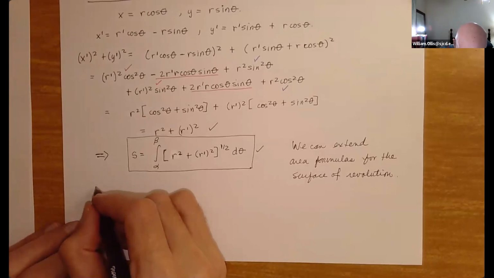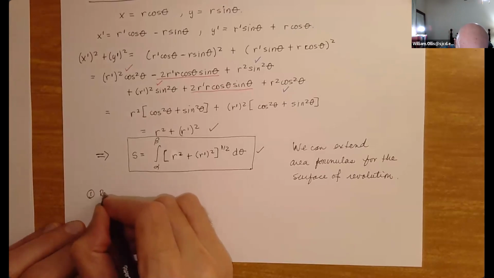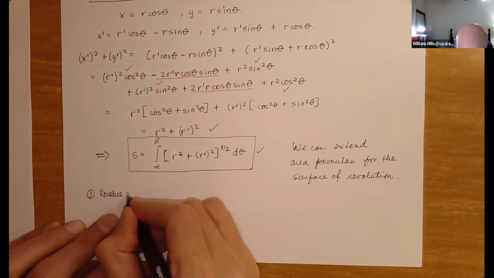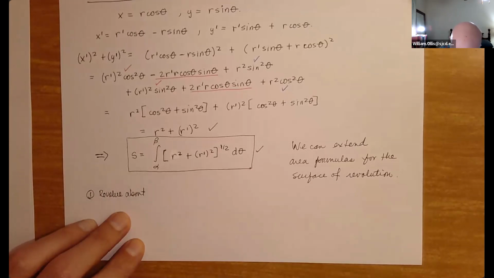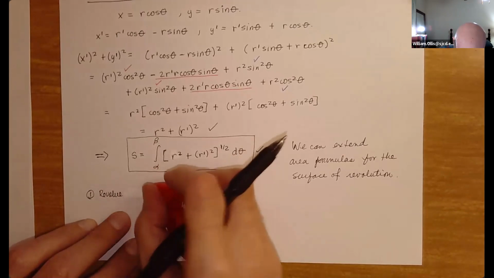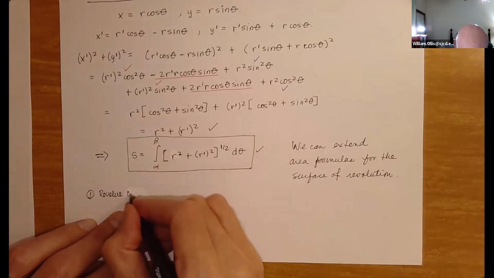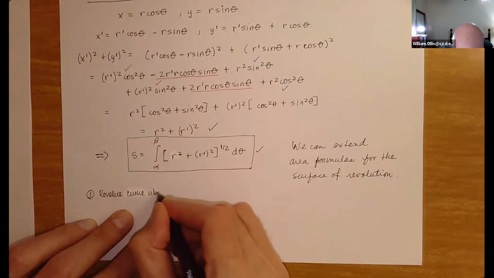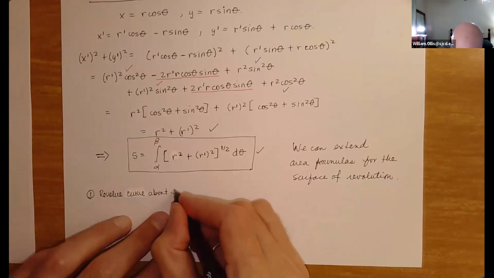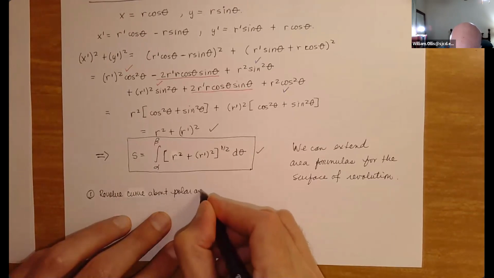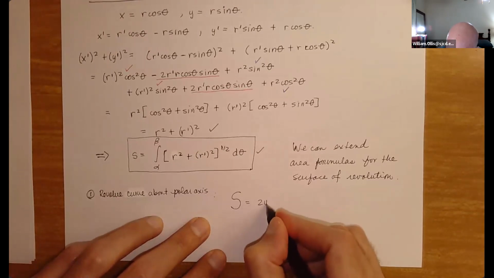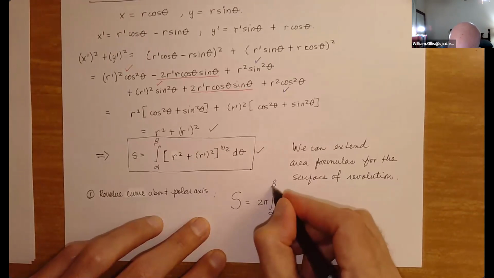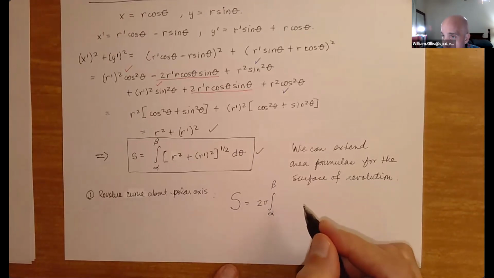So now, of course, number one, we'll just say revolve about, and we're saying in this case the curve. Let me just write that in. No need to leave it out. Revolve curve about polar axis. So this will give us S will be 2 pi, alpha to beta, and then, of course, the distance to the polar axis will just be r sine theta.